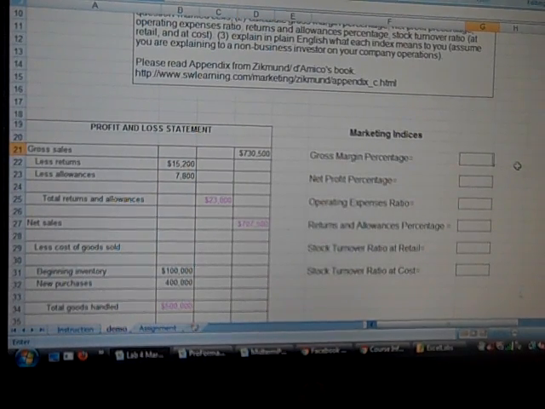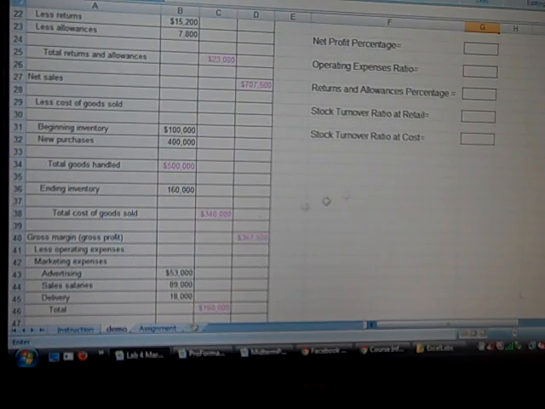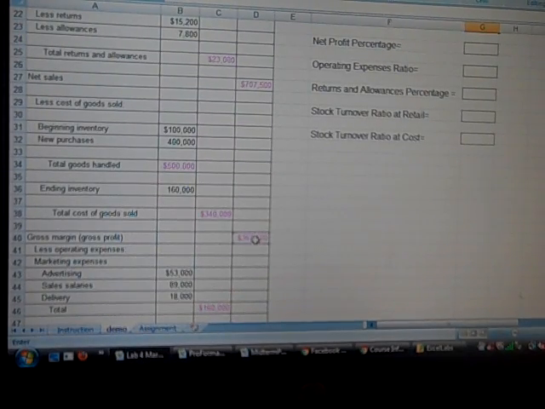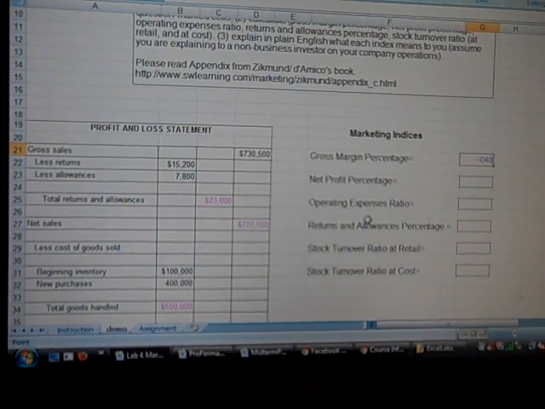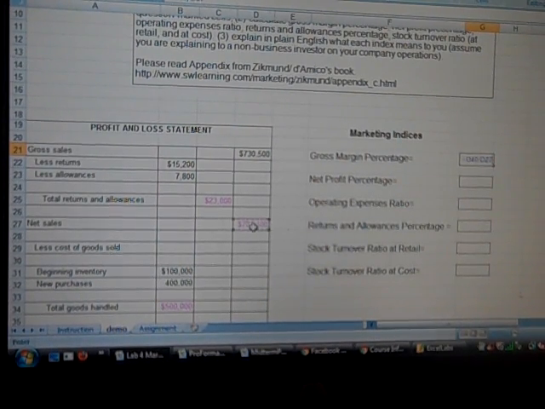So to find your gross margin percentage, you find your gross margin divided by your net sales. So let's go back to looking for the gross margin right here. Okay, and then you divide it by your net sales, which can be found right here, net sales. Okay, and then just press enter.